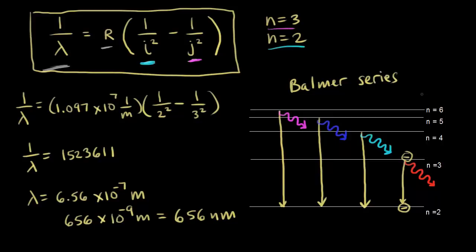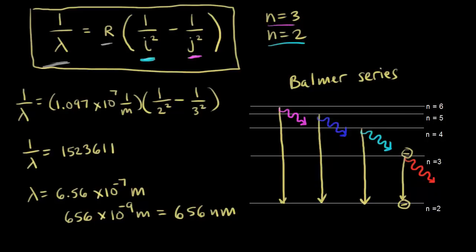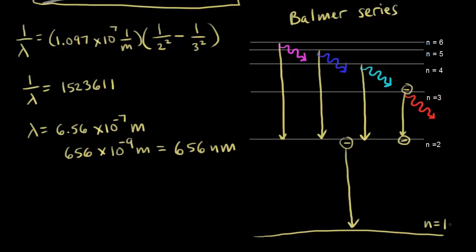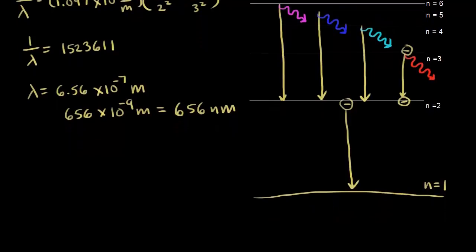But there are different transitions that you could do. For example, let's think about an electron going from the second energy level to the first. If I drew a line in here, again not drawn to scale, think about an electron going from the second energy level down to the first, so from n is equal to 2 to n is equal to 1. Let's use our equation and calculate that wavelength next.